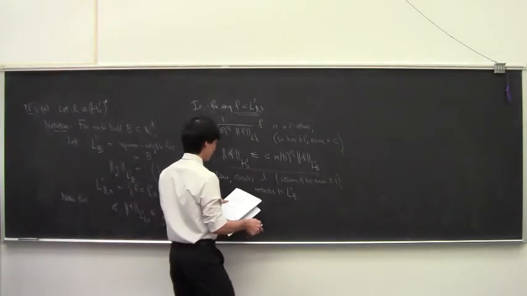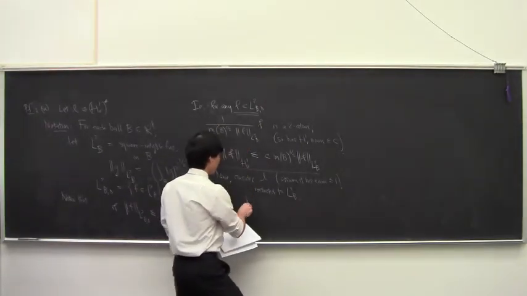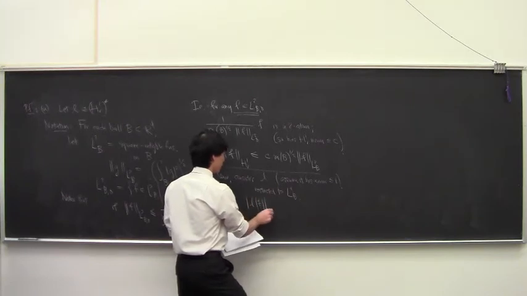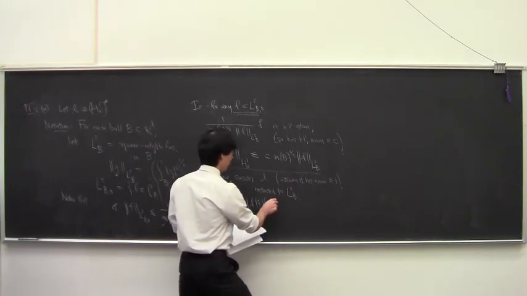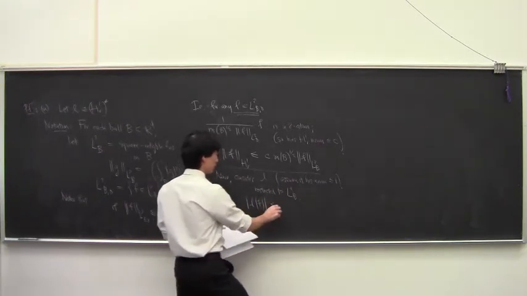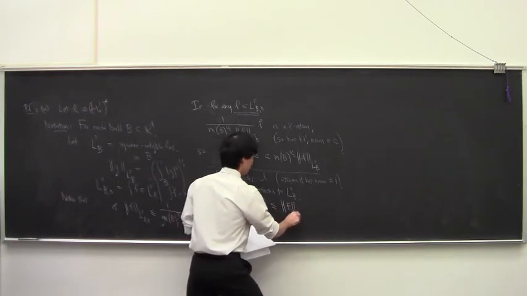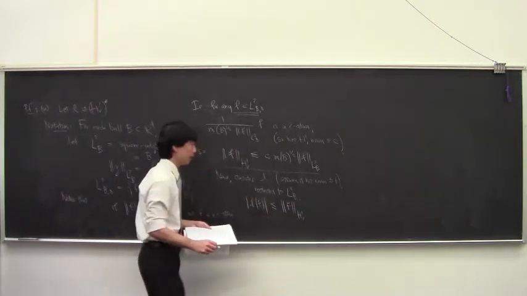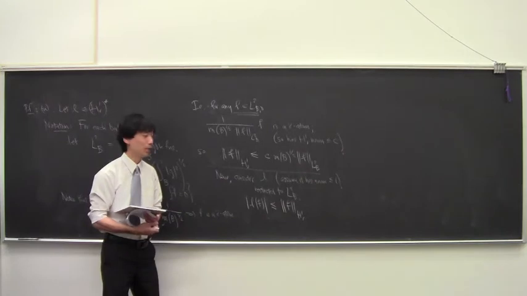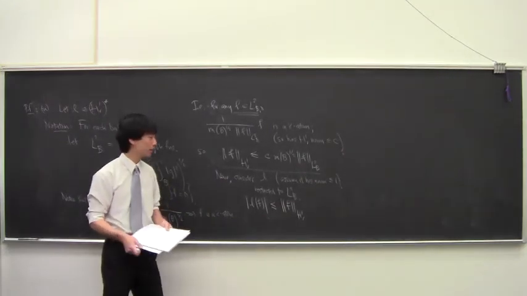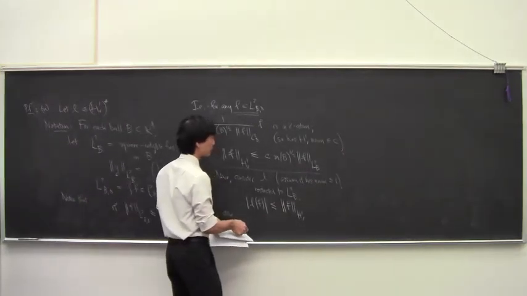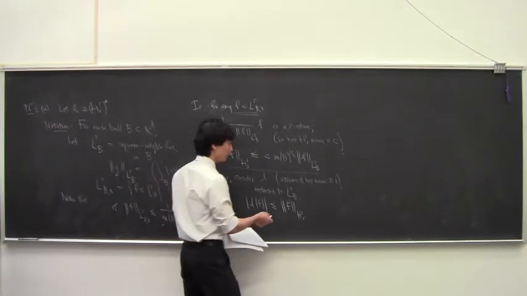And what you see, of course, is that LF is bounded by the H1 norm of F, because L has norm 1.